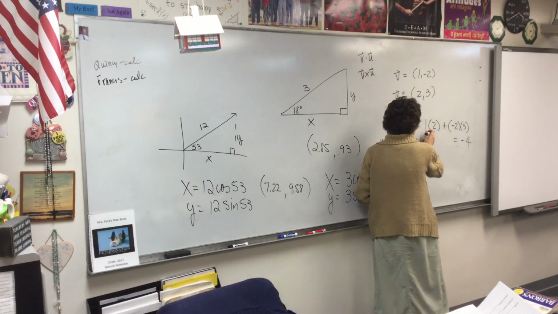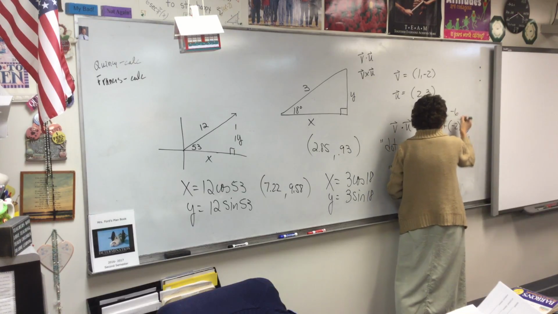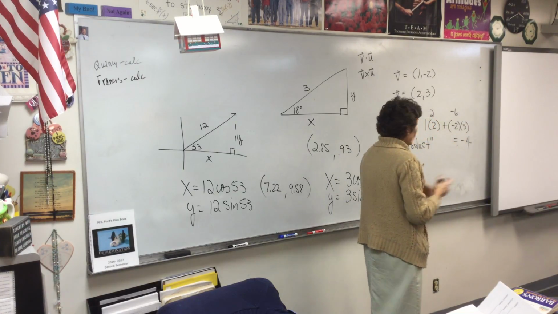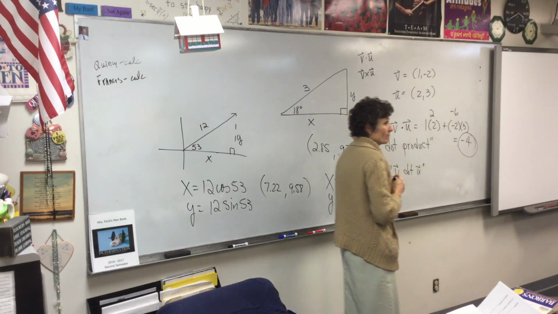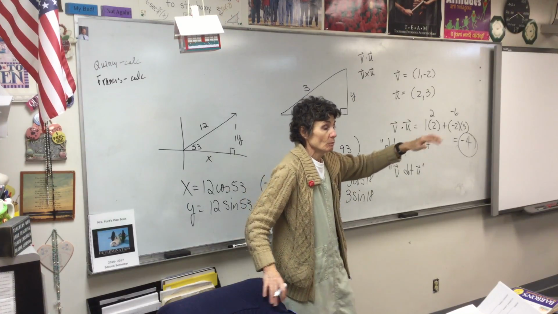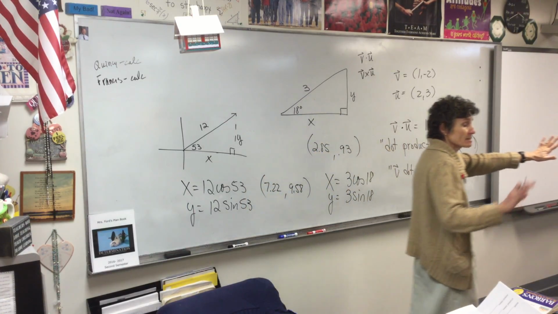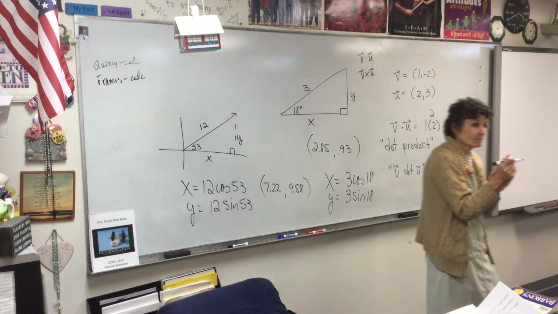When I multiplied my x's, I got 2. When I multiplied my y's, I got negative 6. When I added them up, my answer is negative 4. So if you're taking notes, we multiply the x's, multiply the y's, add them up. That's how we do a vector dot product.